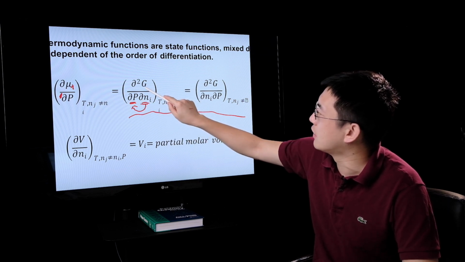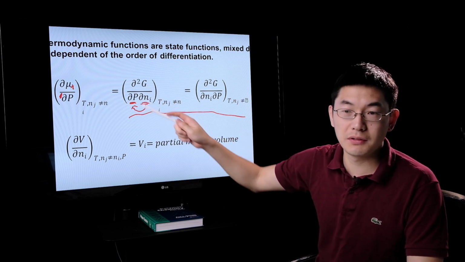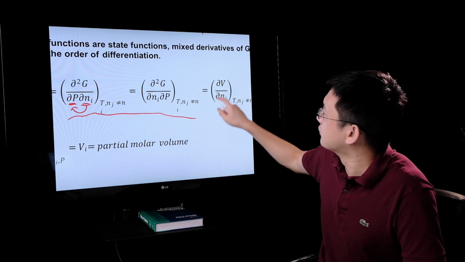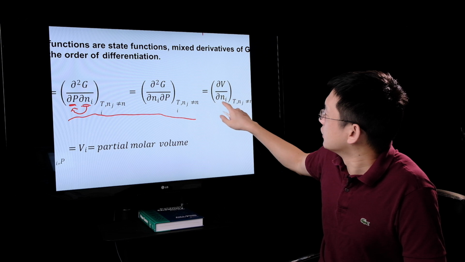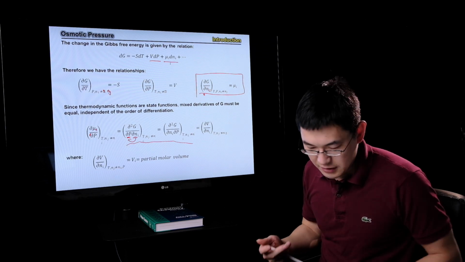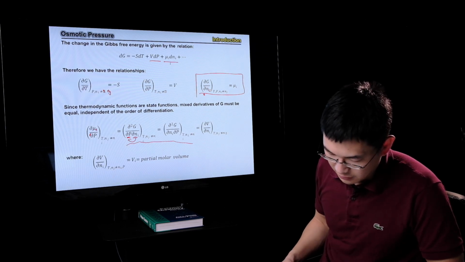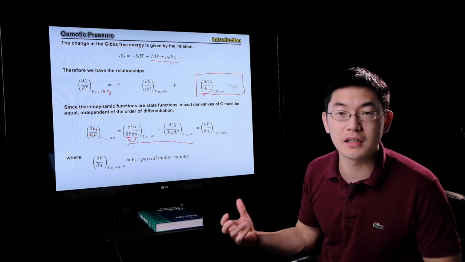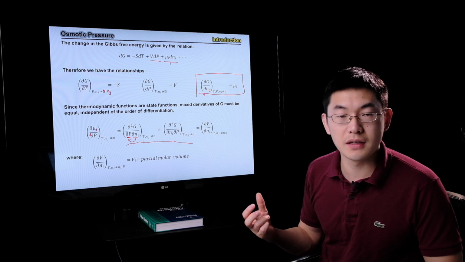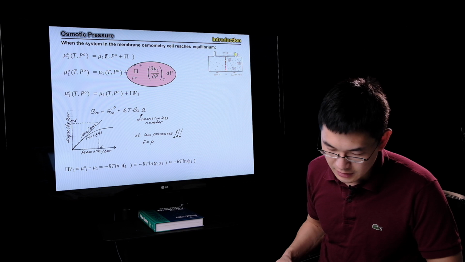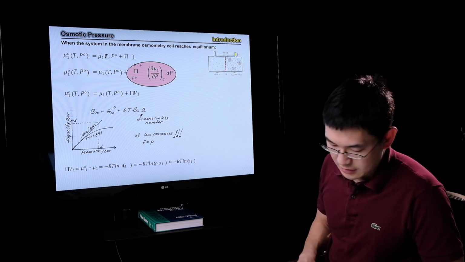But if we take the partial derivative of pressure first, we get volume. You get volume, then you take a partial derivative with Ni. That's what we are trying to do here. This is the definition of partial molar volume. What partial molar volume tells you is how the volume depends on the different molar amounts. And this is important, as we will show in the next slides.